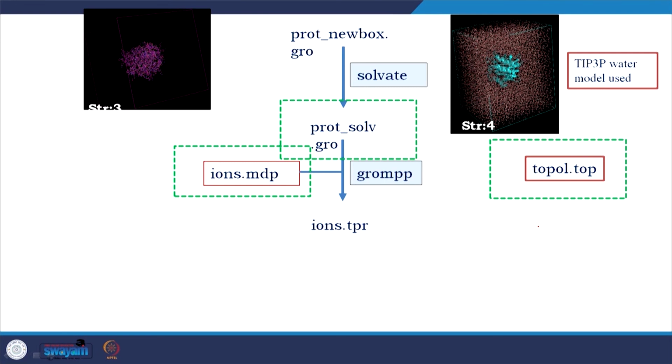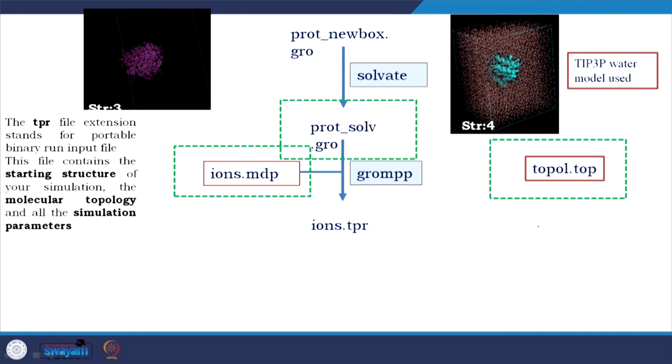Grompp is a command which comes when you have to merge files, especially .mdp, .gro and .top. .gro, as I told before, is a file which is GROMACS compatible. The .tpr file extension stands for Portable Binary Run Input File. This file contains the starting structure of your simulation, the molecular topology and all the simulation parameters. So, that is why it merges everything and brings it into a .tpr file.